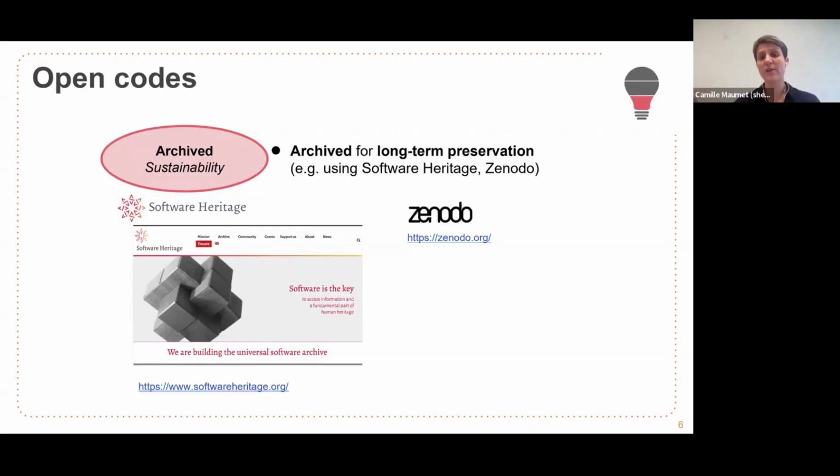And for this, we have first Zenodo, that has a nice integration with GitHub and has been out for quite some time now. I'd say, well, I don't know how many years, but quite some time. And then we have the Software Heritage Archive. So this is more recent. What's nice about Software Heritage is that it's an archive that is dedicated to code.